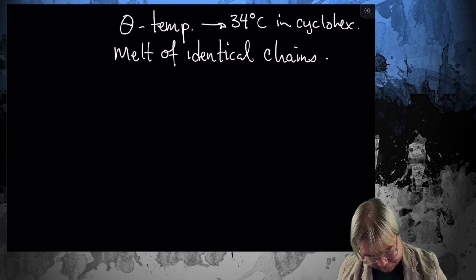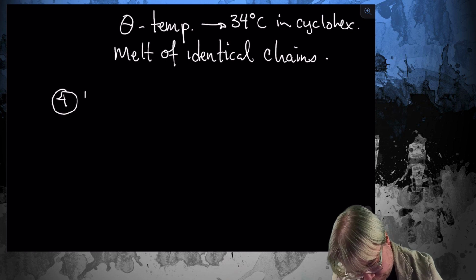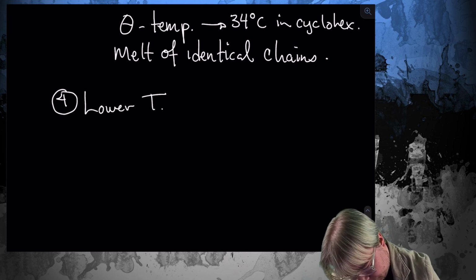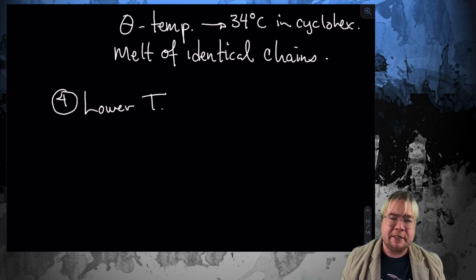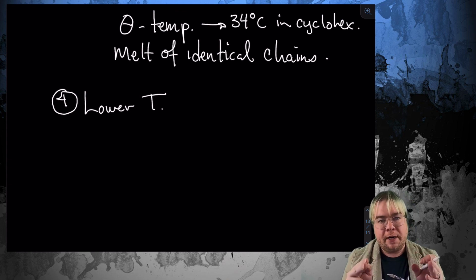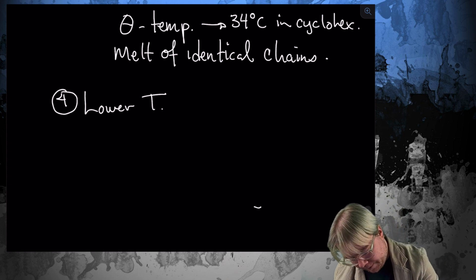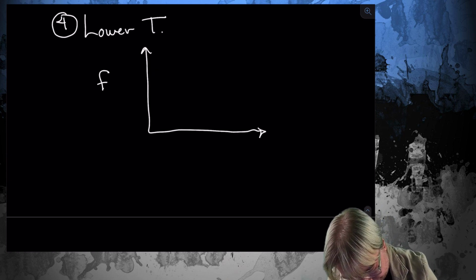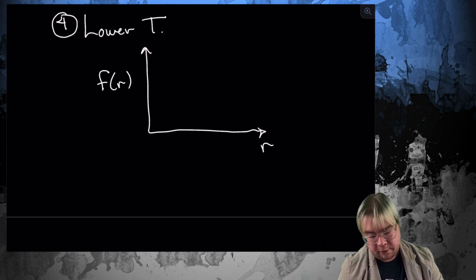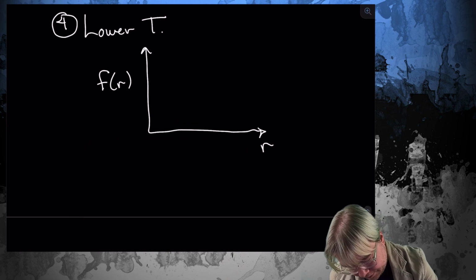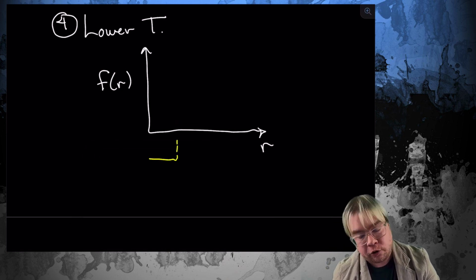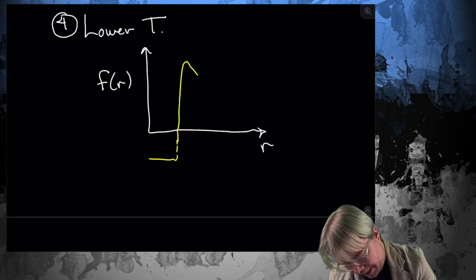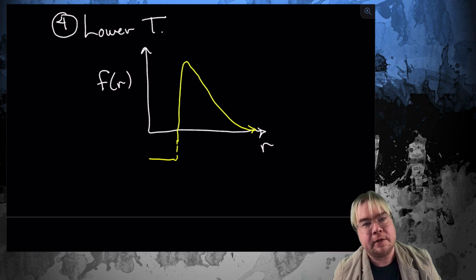And so the last case is you could lower the temperature even more, or you could make the interactions between the monomers and the solvent more repulsive. So your effective interaction between monomer and monomer would get more attractive. And if you were to plot the Mayer f function in this case, so f of r versus r, then what you would find is you would have this negative region from the hardcore repulsion, a large enhanced region, and that would fall to 0.